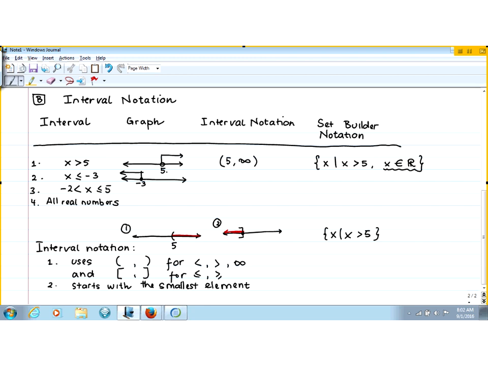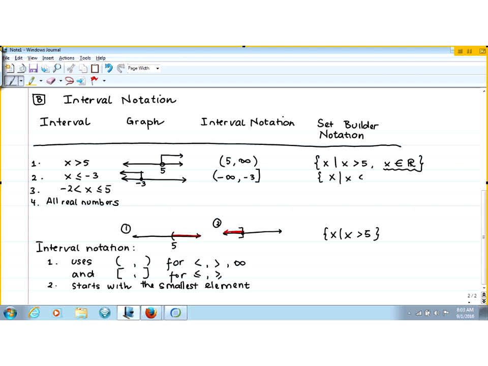What's the smallest on the solution? Negative infinity. And I have to use parentheses, comma, -3, bracket. Yeah. So for infinity, we don't have any choice. We use the parentheses. How do I write my set builder?